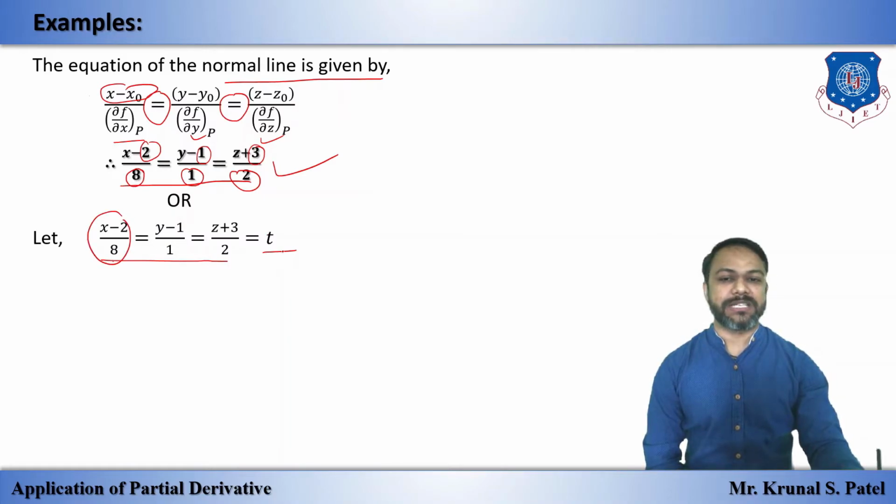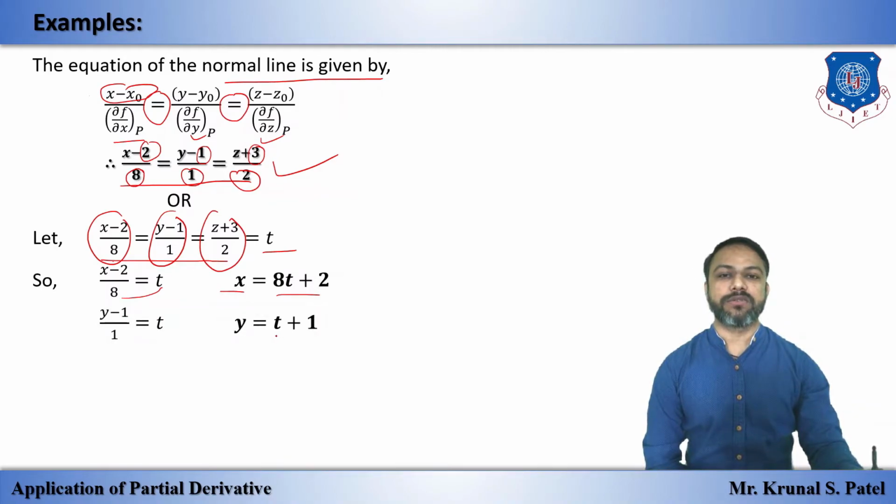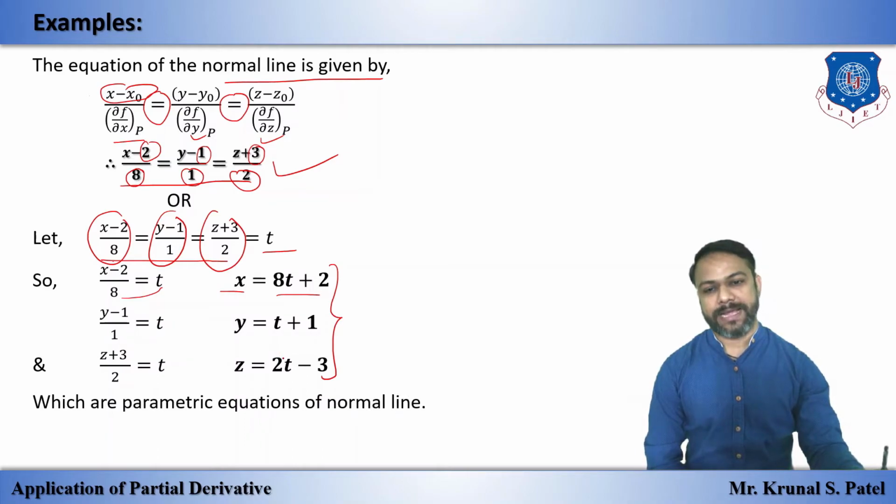First term is equal to t, second term is equal to t, and third term is equal to t. If we take the first term equal to t and make x the subject, we have 8t plus 2. Similar way, second term equal to t, y is equal to t plus 1, and z is equal to 2t minus 3. These are the parametric equations of normal line.